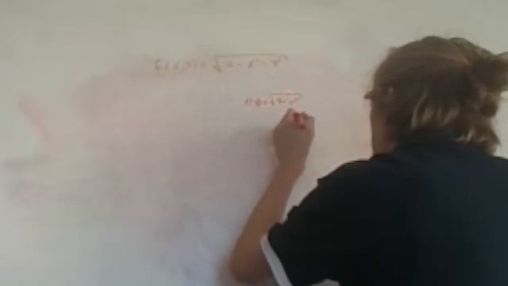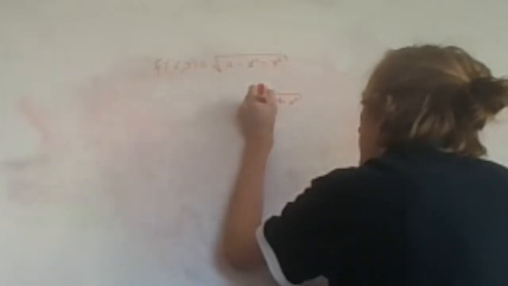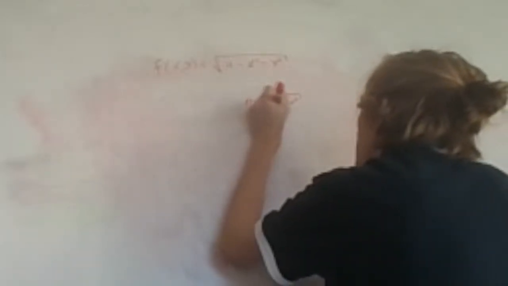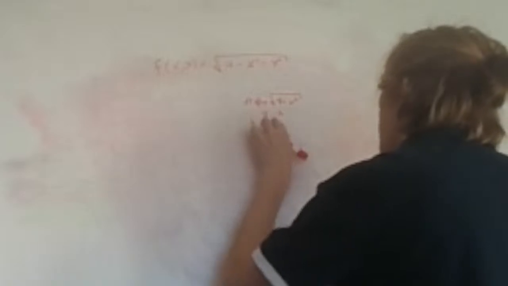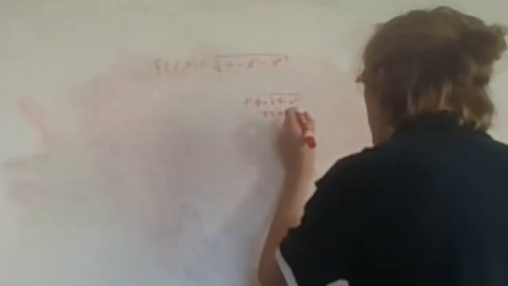Then the domain is, we cannot have x be greater than 2, because then we have a negative number, so x is less than or equal to 2.